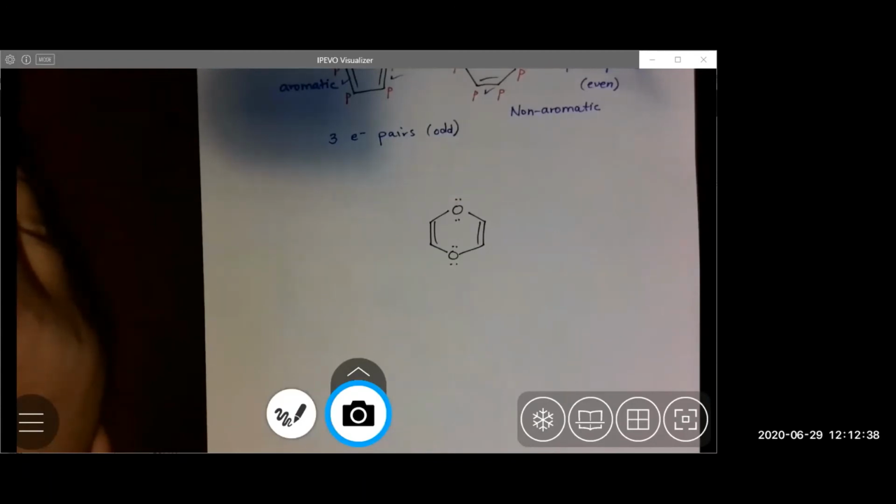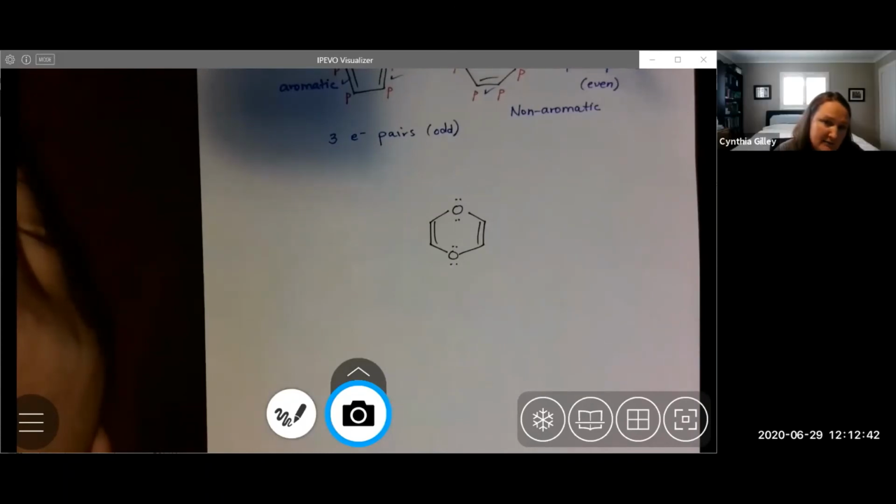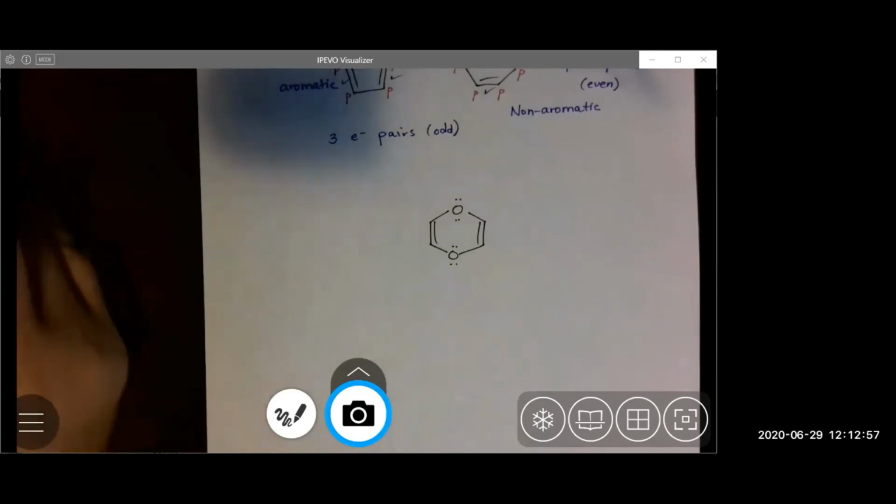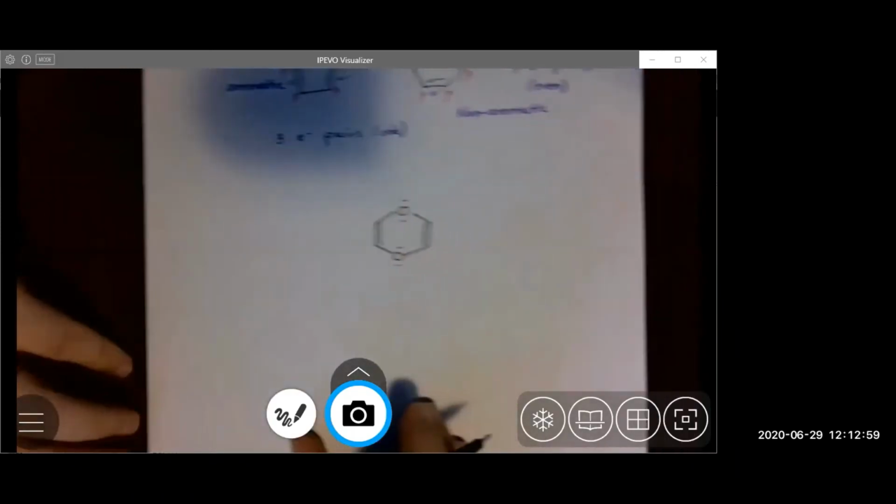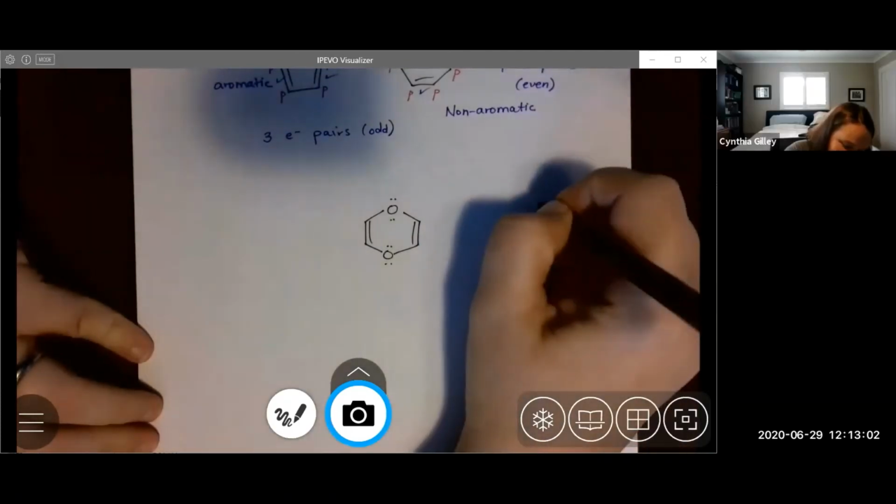Like, will that always be the case? If there's a lone pair that can go into a hybridized orbital, that will make it non-aromatic. Okay. I'll give you some examples of cases where it truly is anti-aromatic and we don't have a choice. Okay. So yeah, I'm trying to recognize the pattern, but I'm obviously missing something.